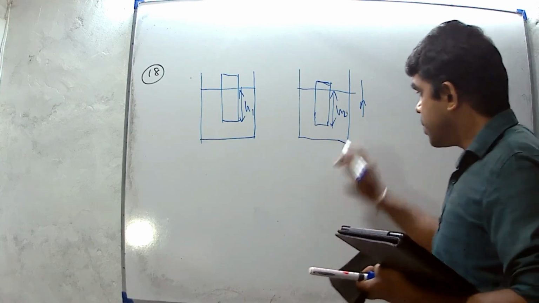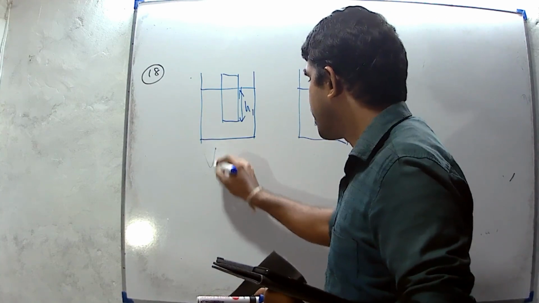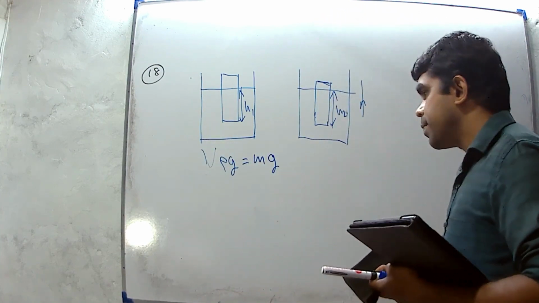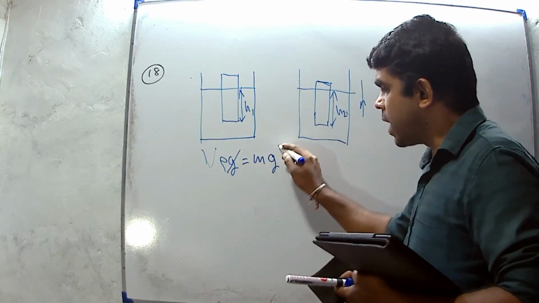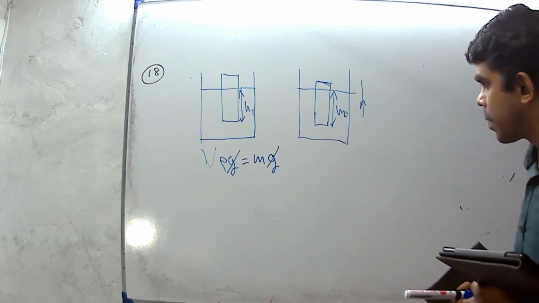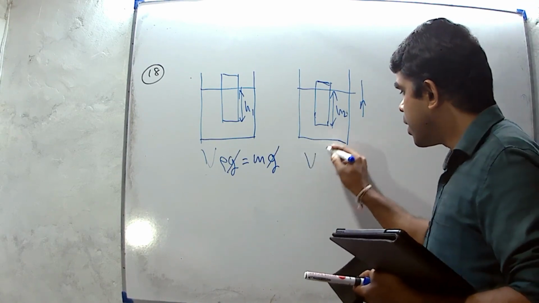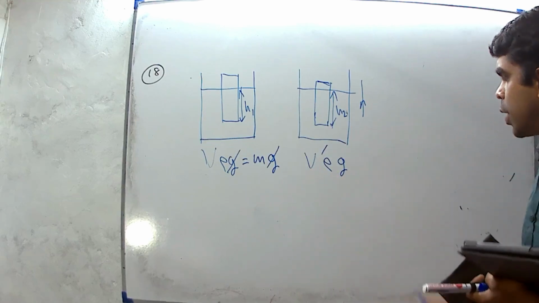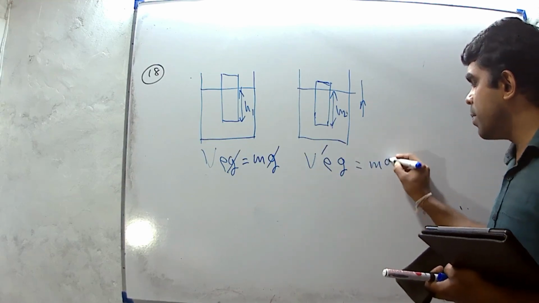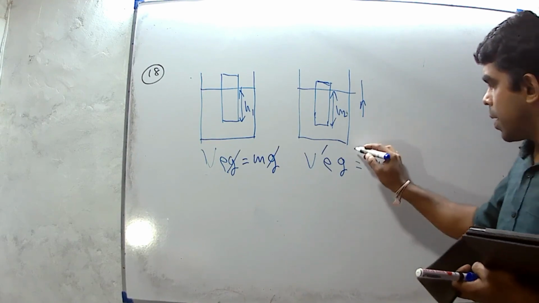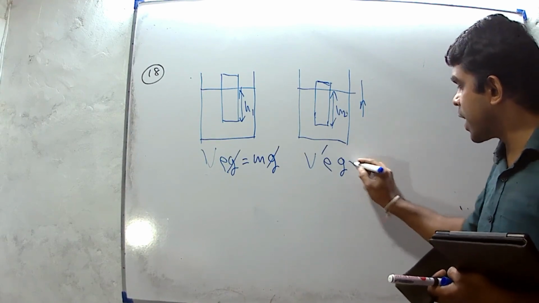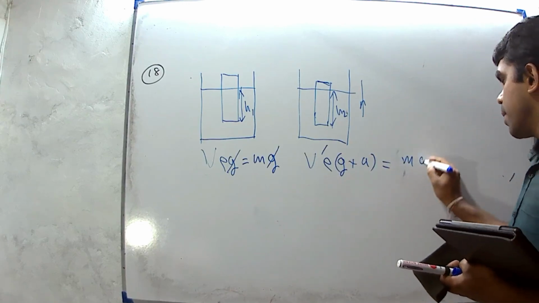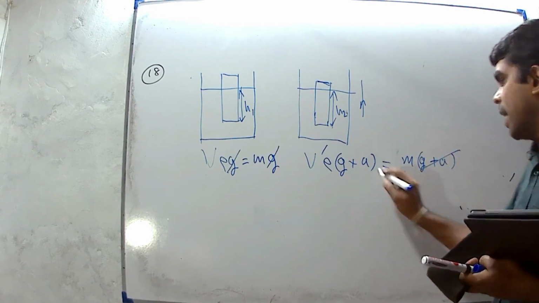Now, for the first situation, V rho g equals mg, that is V equals weight. g is cancelling. For the second situation, new immersed volume V dash rho g equals mg constant. For the acceleration in the second part, g plus a. Now we can cancel out acceleration.